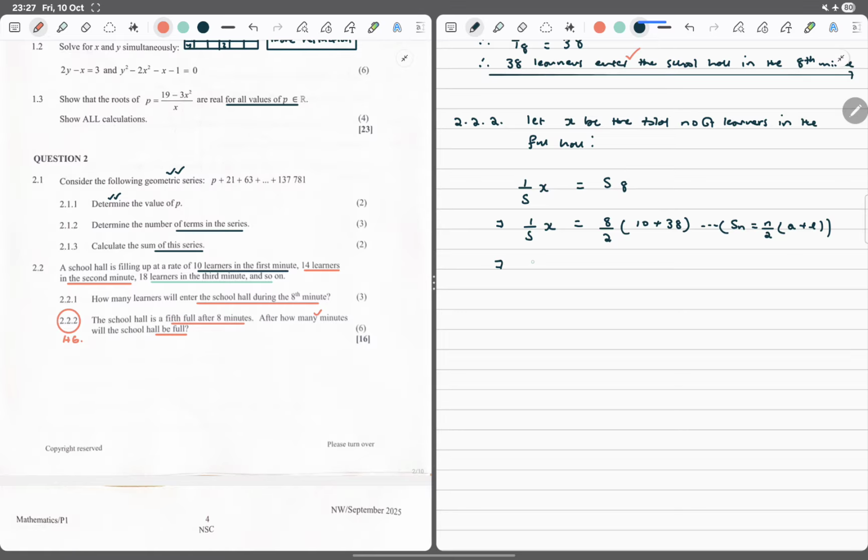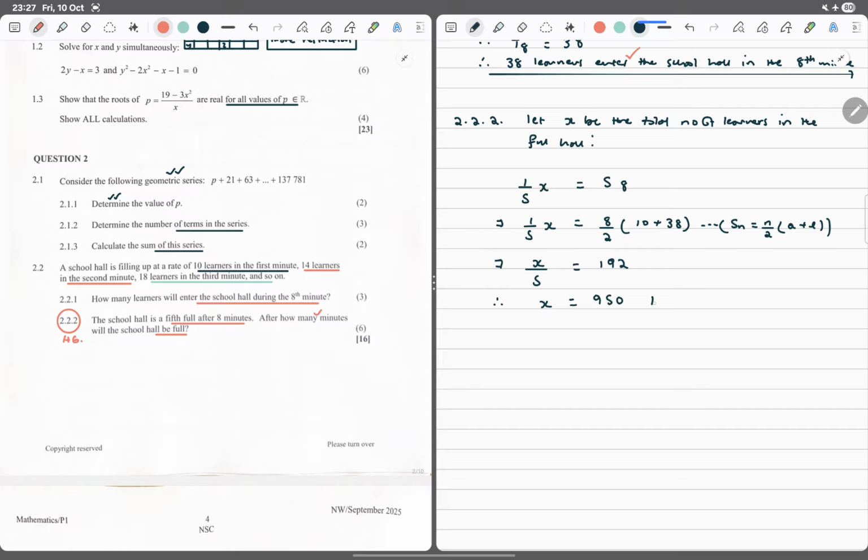Right, so we know that basically x over 5 is going to be, let's see, what is it there? So this is 4 literally into 48. So this gives us 192. So this means x is going to be that times 5, which is 960 learners.